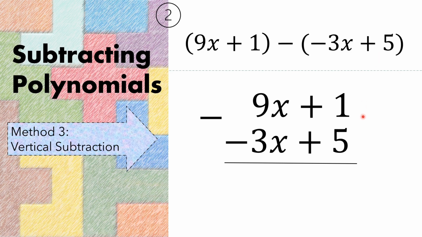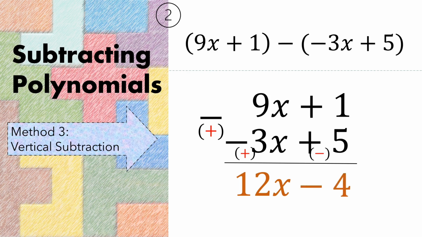And then by the rule of addition, change the sign of the subtrahend. Negative 3x will become positive. Positive 5 will become negative. Then add. Simplifying, 9x plus 3x is 12x. 1 plus negative 5 is negative 4. So that is 12x minus 4.